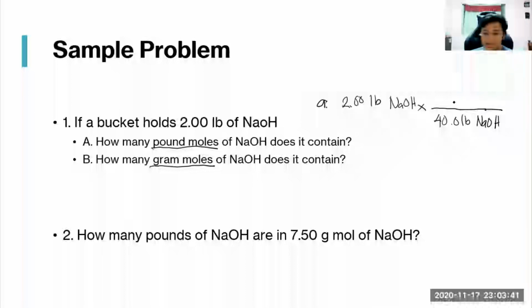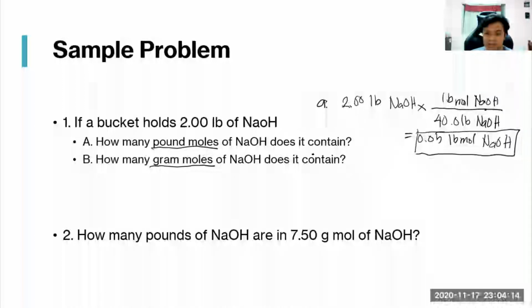If you can't memorize this, you can always look at the periodic table in your Perry's, or if you have a separate periodic table at hand. So the answer is 0.05 pound mole NaOH.